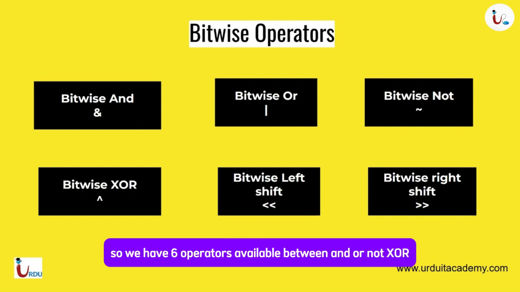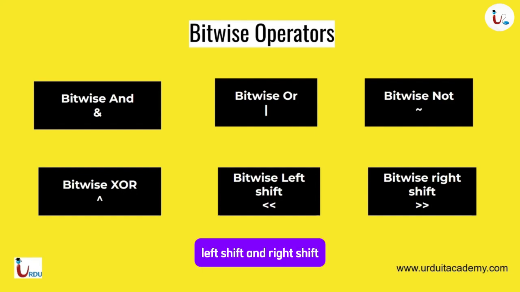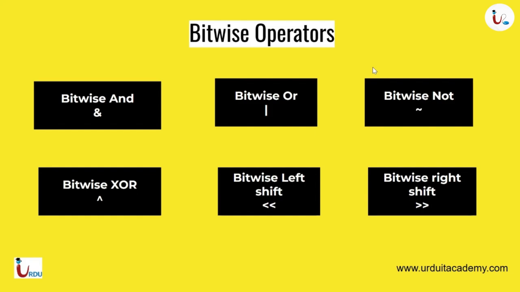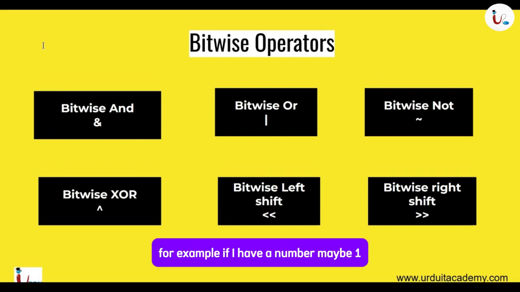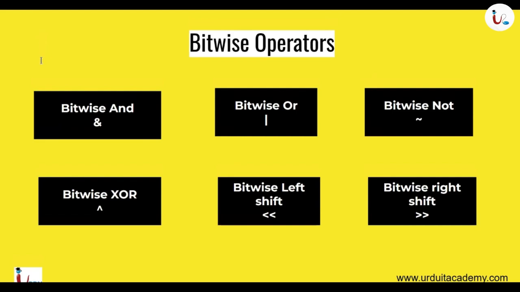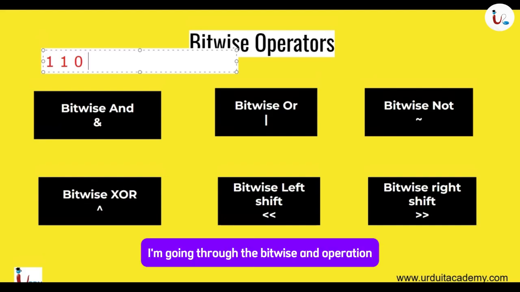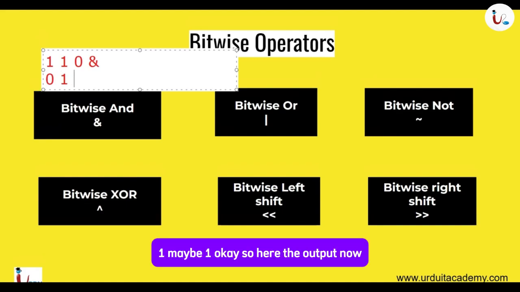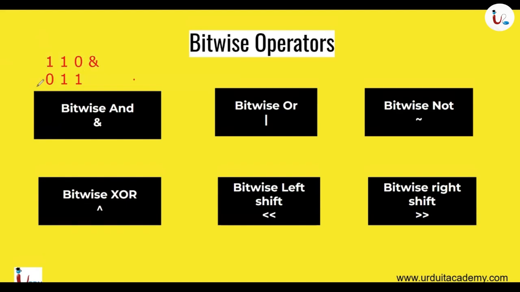Okay, so we have six operators available: bitwise AND, OR, NOT, XOR, left shift, and right shift. So the bitwise AND operator will give you 1 if all the operands are 1. For example, if I have a number, maybe 1, 1, 1, 0, and I'm going to do the bitwise AND operation with the value 0, 1, 1.